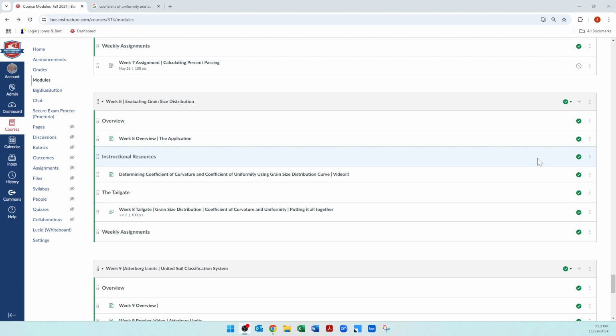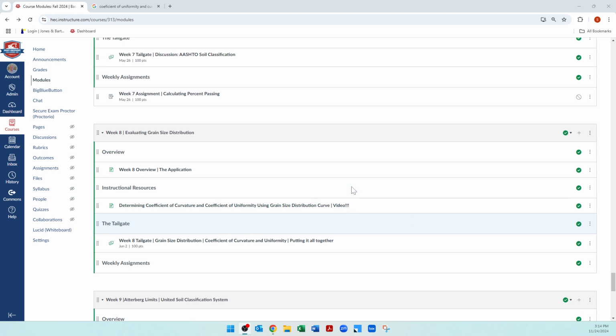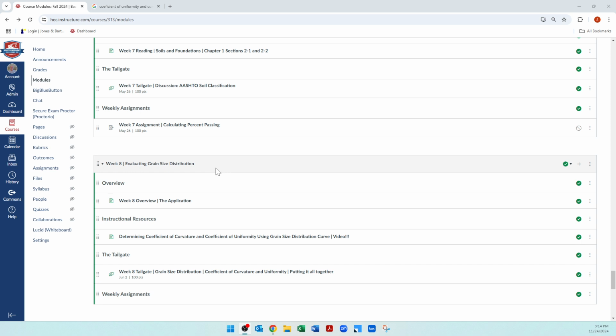Now we've been through some stuff like percent passing, and we've gone through some steps to lead us up to what we came here for, to classify soils. So think about where we've been, and you can see we're in calculating grain size distribution. How big are the particles? How well spaced are they? That's the distribution part of it.